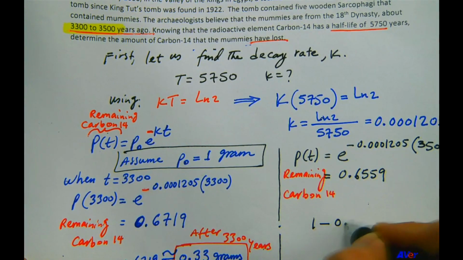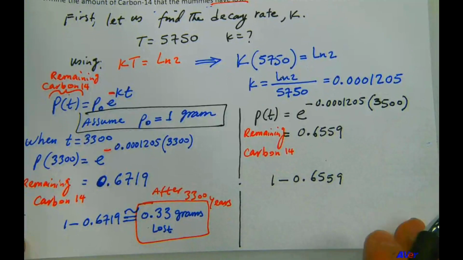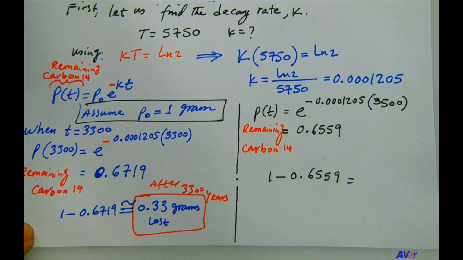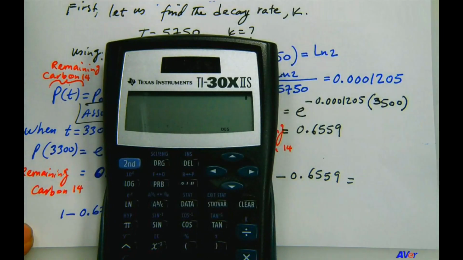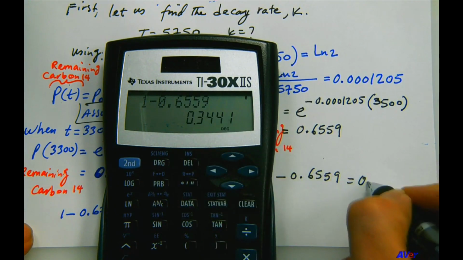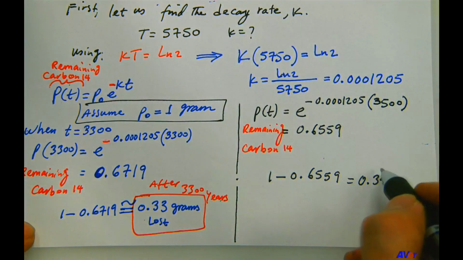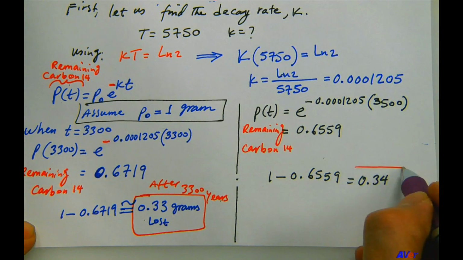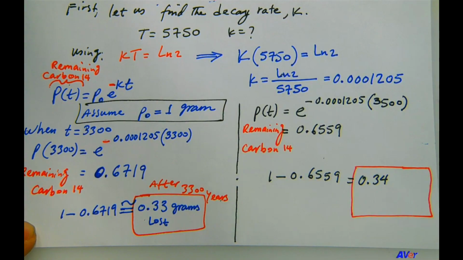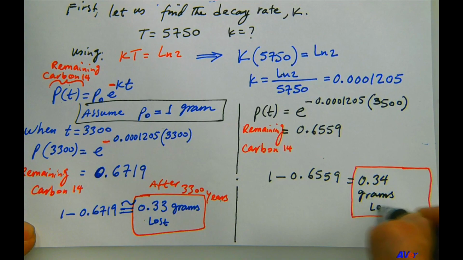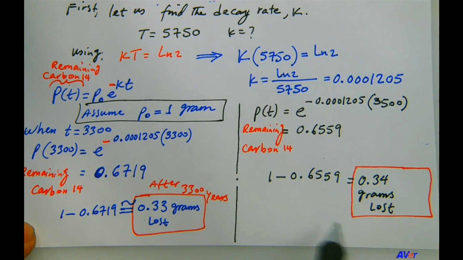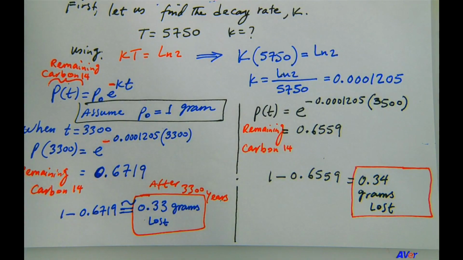So 1 minus 0.6559 equals 0.34 grams lost. Which makes sense. More grams were lost because this was a longer period: 3,500 years as opposed to 3,300 years ago.